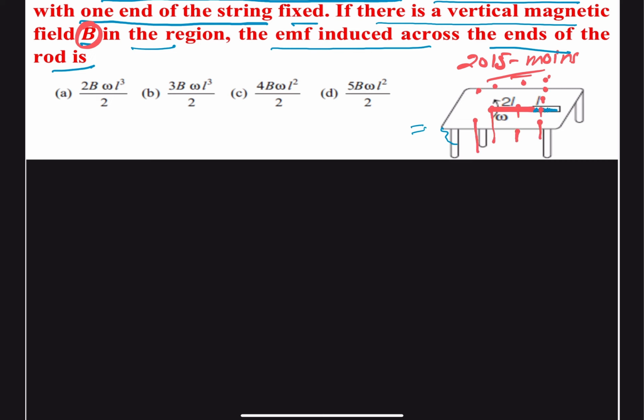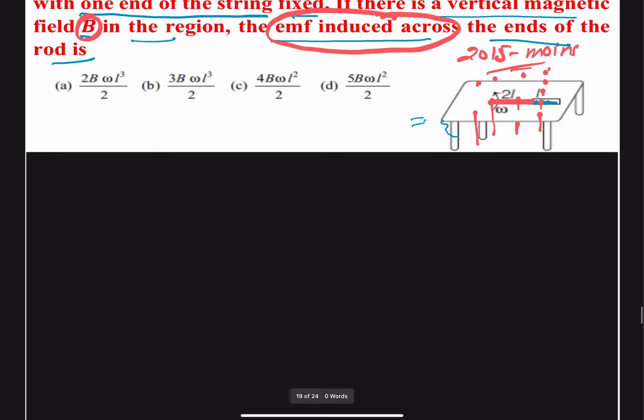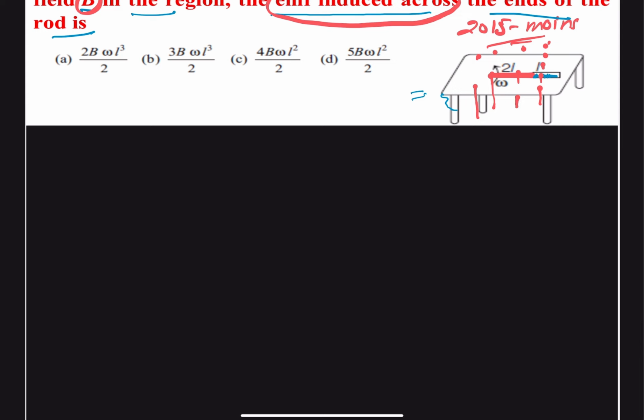And we have to find out the EMF induced across its terminals as it rotates in this magnetic field B. It is given that this rod is rotating with the angular velocity of omega.